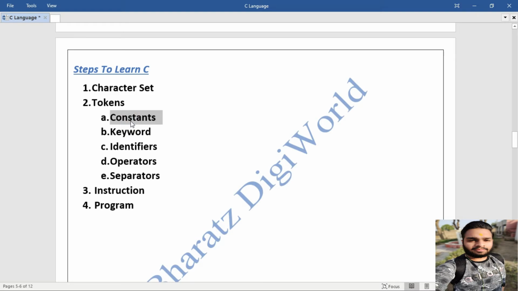So the first one is constants, second is keywords, then comes the identifiers, followed by operators, and the last is the separators. After learning all the tokens, we will learn about what is an instruction or what is a statement in C language. Then at last we will learn about the whole program, how to create it, and how the flow of the program will work.